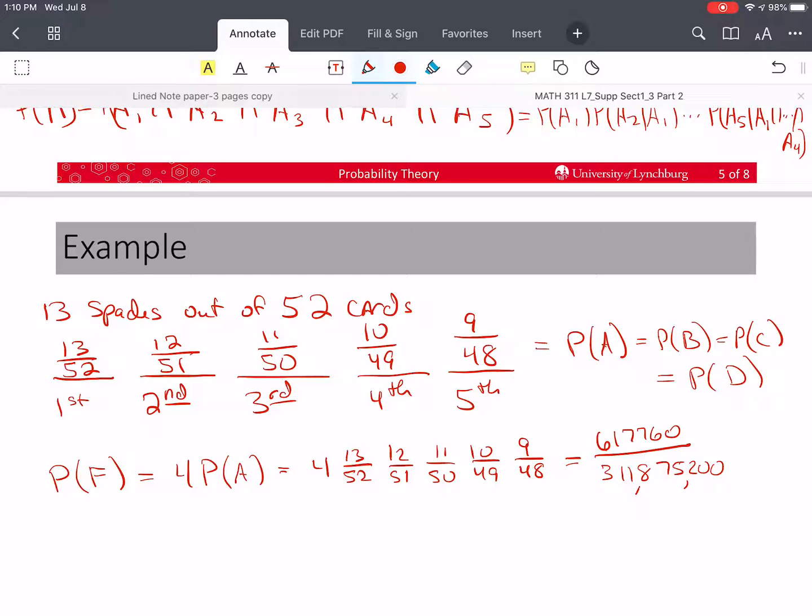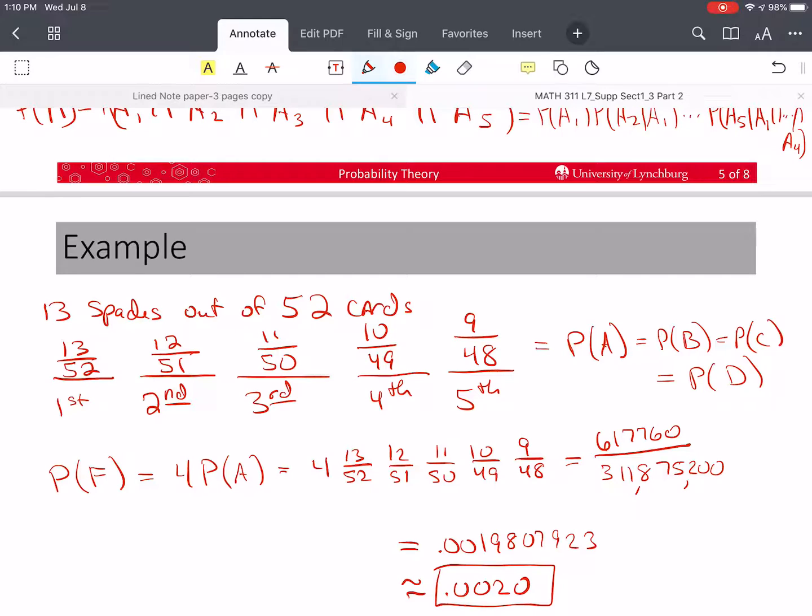Okay. And so we get 311,875,200 on the bottom. And then we divide these two numbers, and we get 0.0019807923. To 4 decimal places, 0.0020.